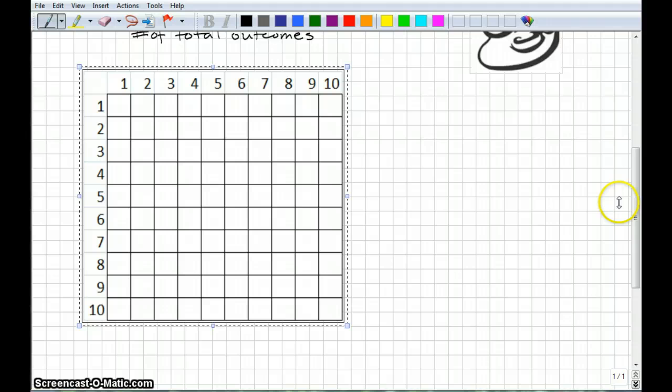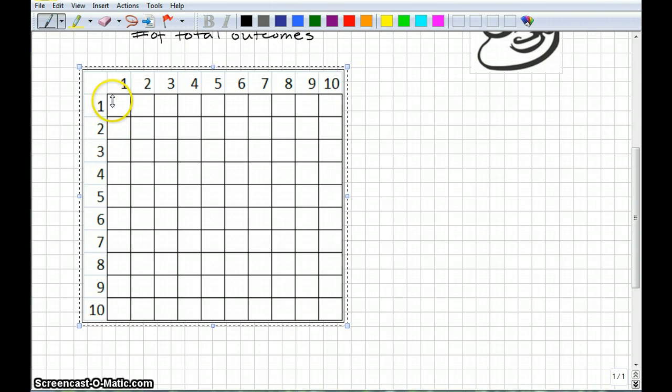If you're choosing two ducks, the first duck is going to be numbered 1 through 10, and the second duck could be numbered 1 through 10, but they can't be the same number.